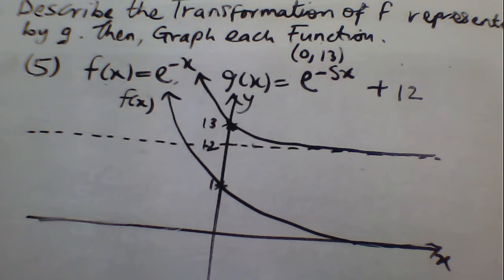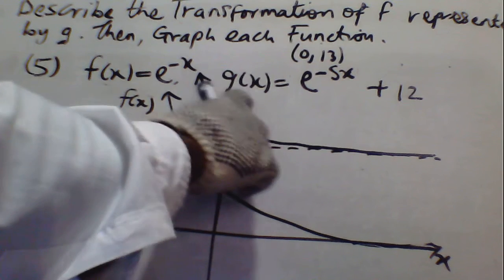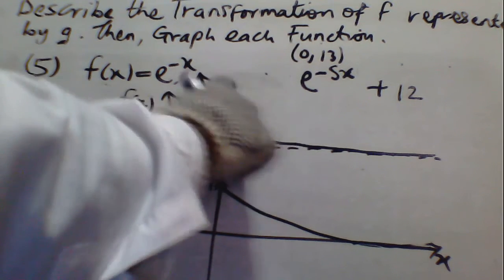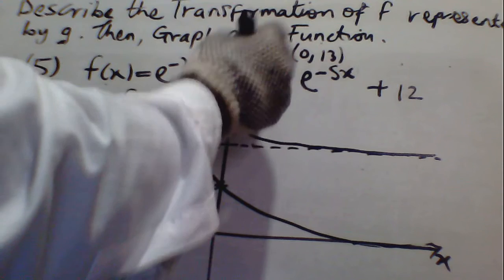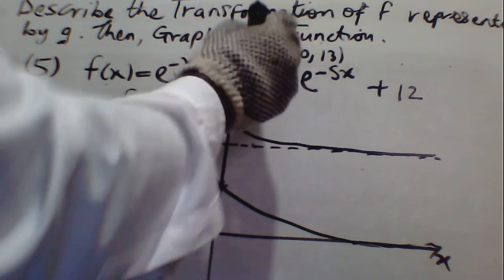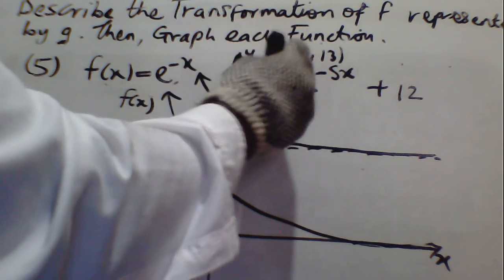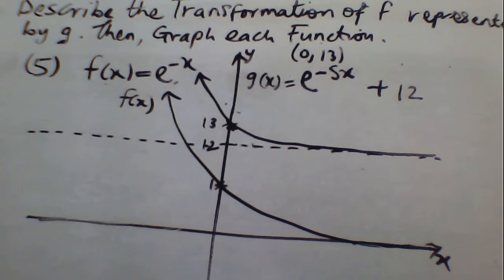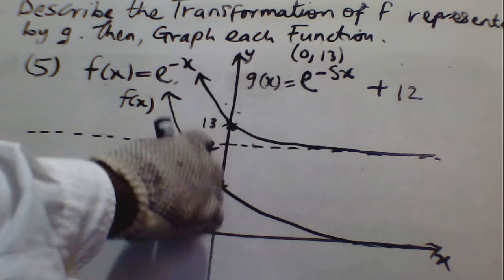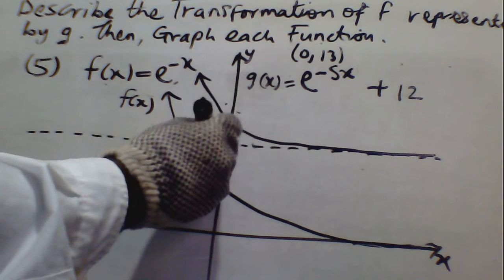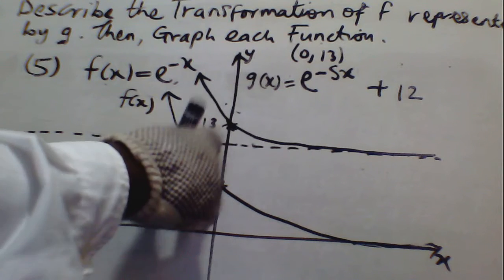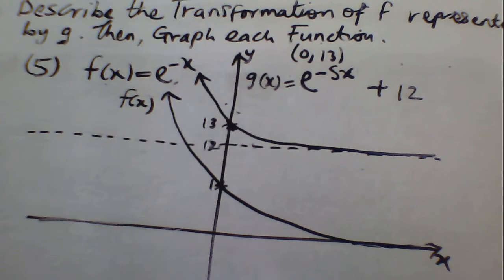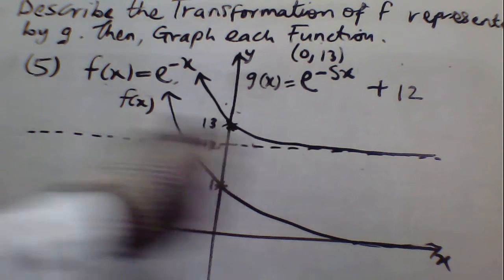So this is how it's going to look like. So this is g of x. So once you have done that, that is how it will look. 12 acts as horizontal asymptote.